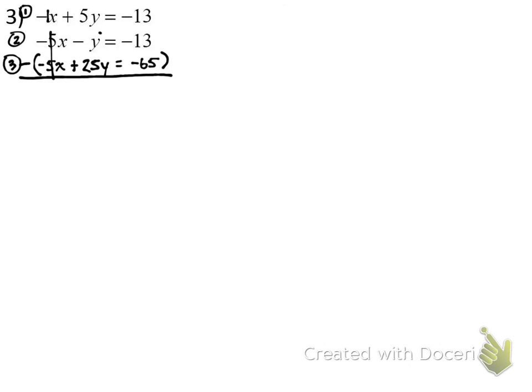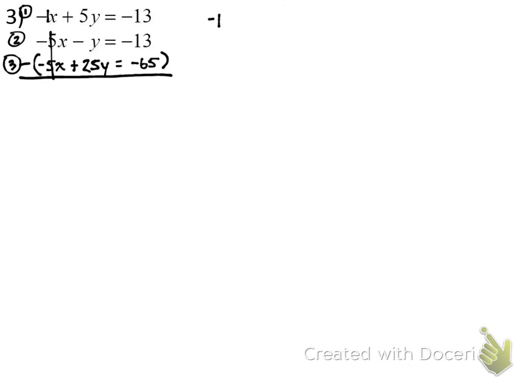Now we have to work carefully. What's -y minus positive 25y? Let's work this out. When you don't know how to do it in your head, let's do this carefully.